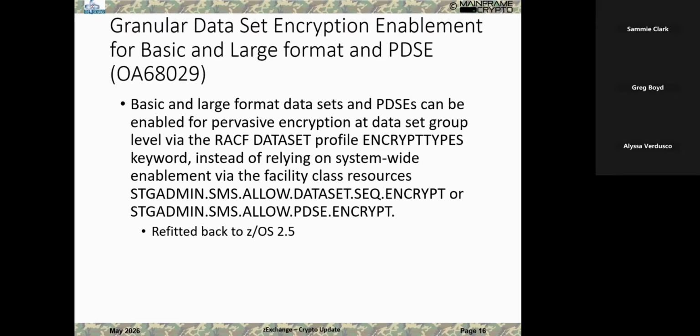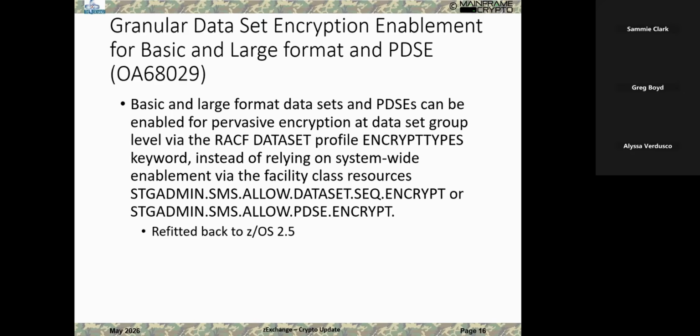So those are operational now. It's just the tape data sets. We still can't encrypt them pending DFSMS finishing their testing and publishing that APAR. And this support was refitted all the way back to z/OS 2.5. So if you've got an older system, you could take advantage of it.